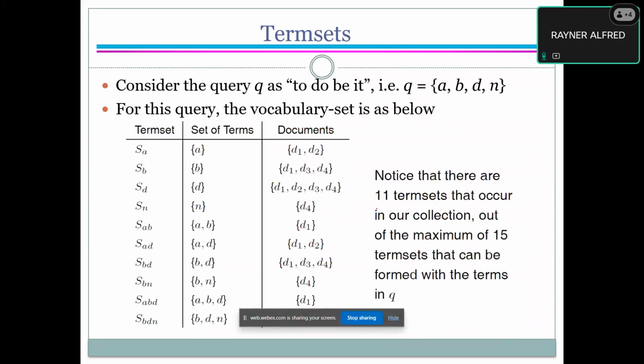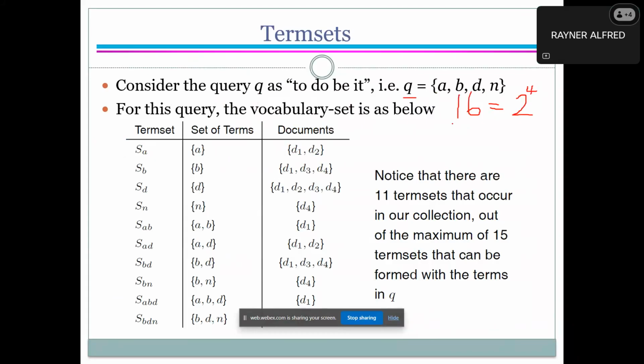When we look at the query, in most cases we start with a query because the query is the one we are looking at. We want to retrieve all the documents based on the query, right? So given the query Q of A, B, D, N, the number of possible patterns we should be retrieving is 2 to the power of 4, so basically 16 patterns. But some of the patterns do not exist, so it could be less than 16.